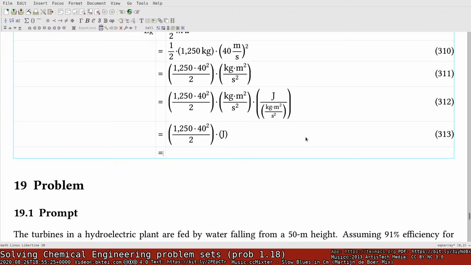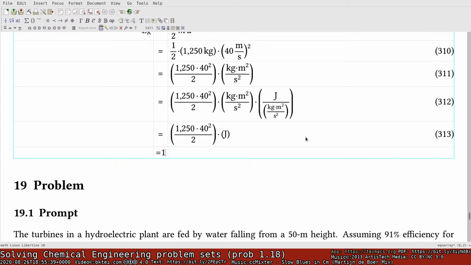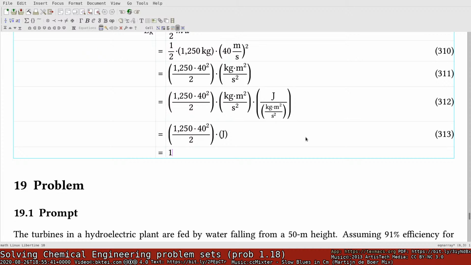And that is equal to 1250 times 40 times 40 divided by 2, which is 1,000,000 joules. So a megajoule.